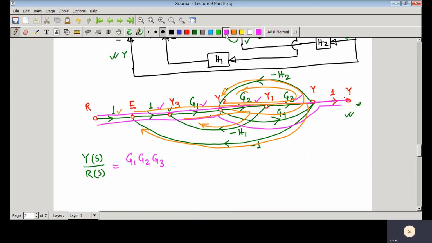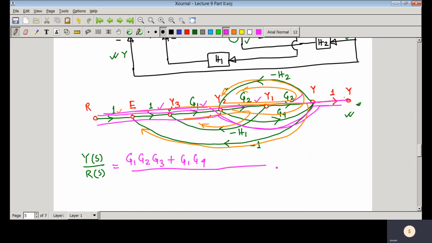Now let us see the second forward path. The second forward path is this one and this one, so that is G1 G4.